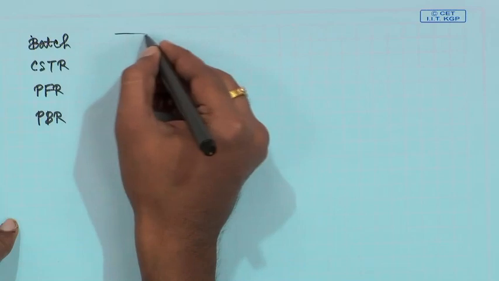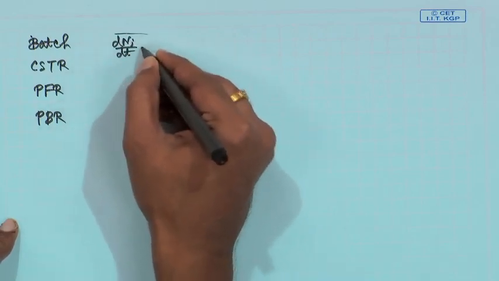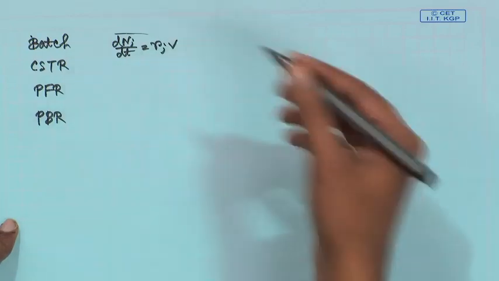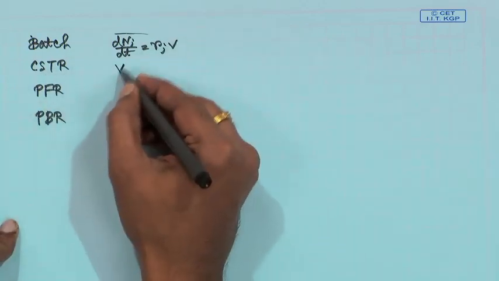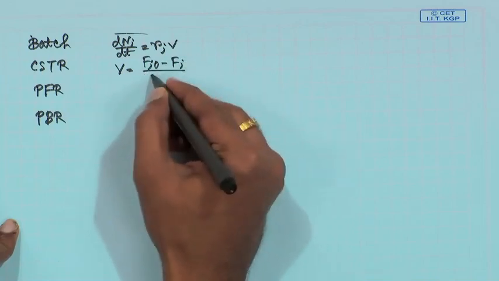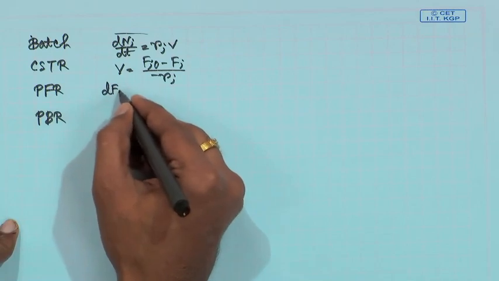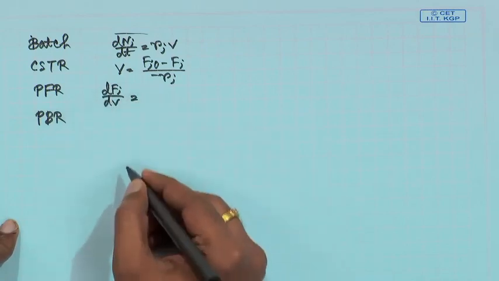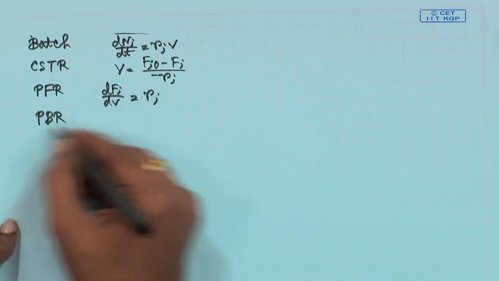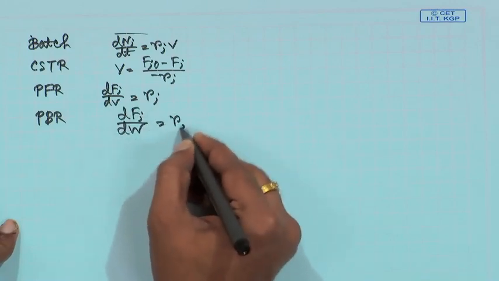The mole balance for the batch reactor is dNj/dt equals Rj V, assuming uniform conditions. For the CSTR, V equals Fj0 minus Fj divided by minus Rj. For the PFR, dFj/dV equals Rj, and for the PBR, dFj/dW equals Rj prime.